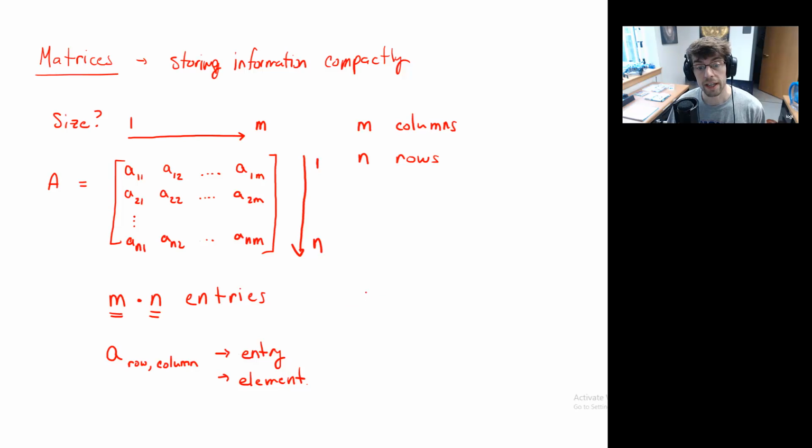These are just some definition terms, if you will. Because it has n rows and m columns, we would refer to matrix A as being an n by m matrix. We always refer to the row as the first one and the column as the second. So A is an n by m matrix.